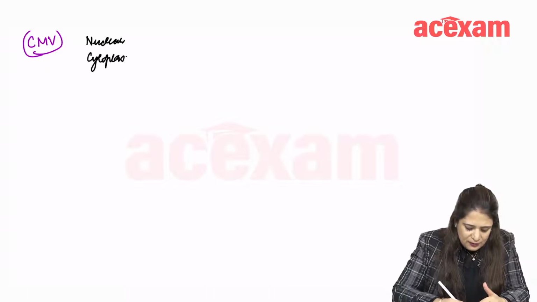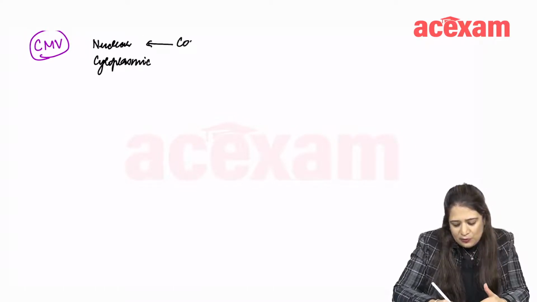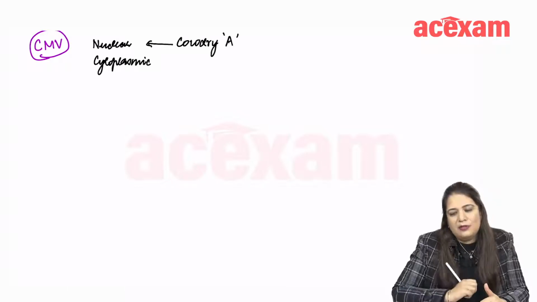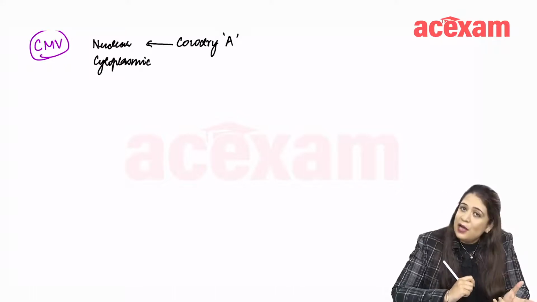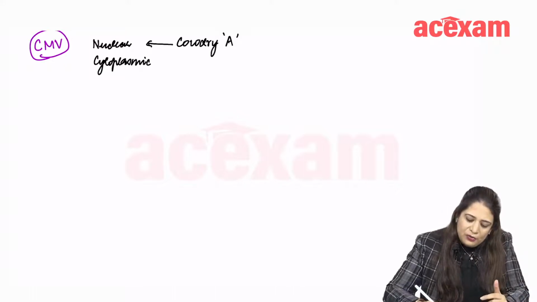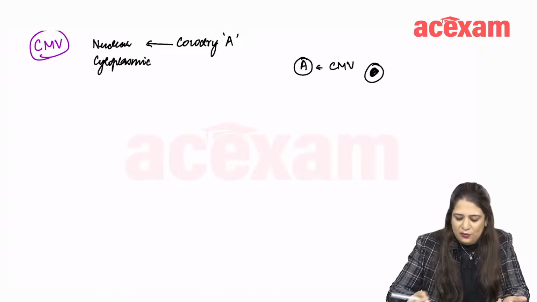intracytoplasmic inclusions. And do you know what these nuclear inclusions seen in CMV are called? They are known as Cowdry type A inclusions. Now, if they are Cowdry type A inclusions, there must also be Cowdry type B. So Cowdry type A, like seen in CMV, are accompanied by large intranuclear inclusions within the nucleus.